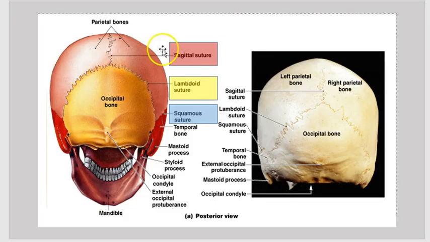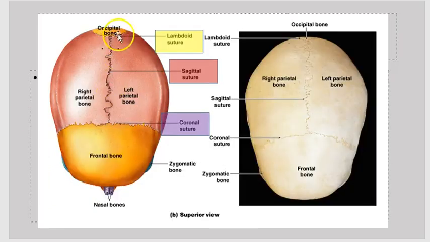So, looking back here at your occipital bone and your parietal bones, you can see the sagittal between the two parietals, the lambdoidal reaching around here, around the occipital and the parietal, and then the squamosal right here between the parietal and the temporal bones. At a different angle, again, lambdoidal, sagittal.